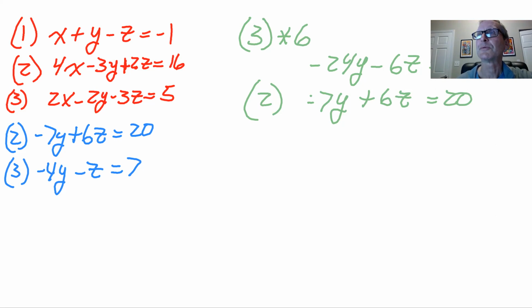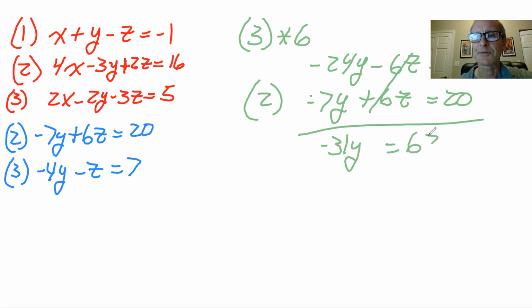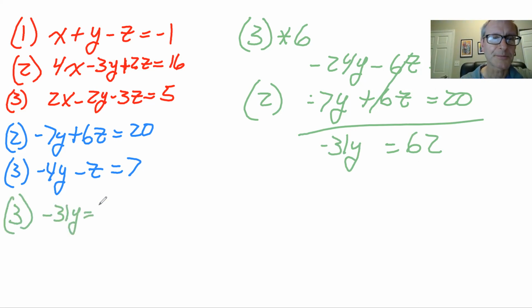So again, when you add those two together, the z's cancel. And so what do we have over here? We have minus 31y, and this would equal 62. So let's make that our new equation 3. Minus 31y equals 62.